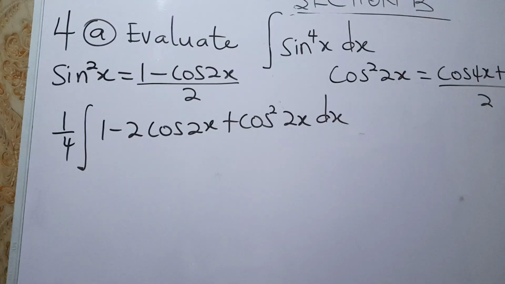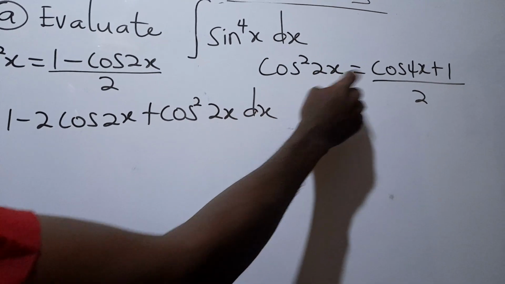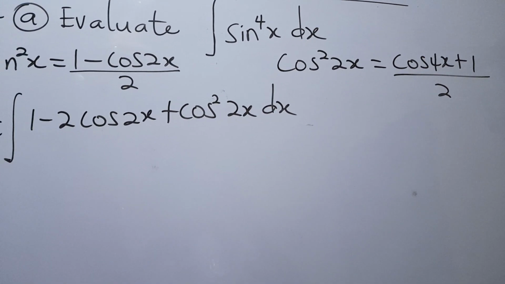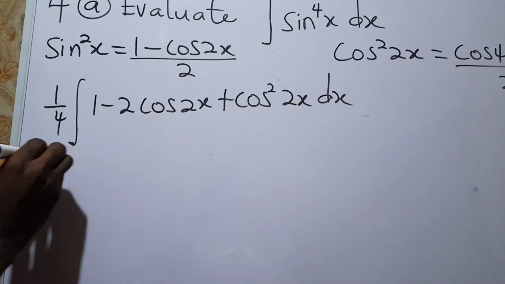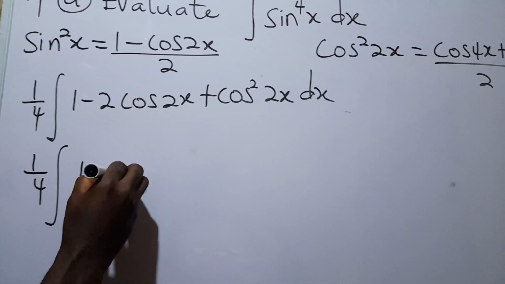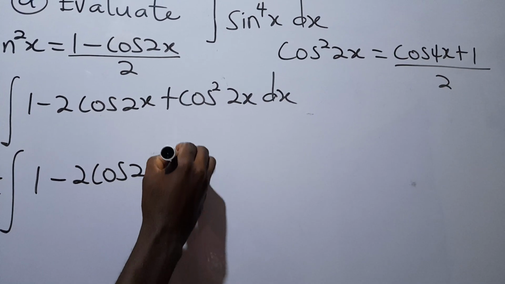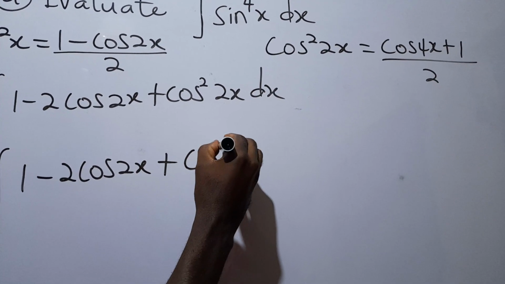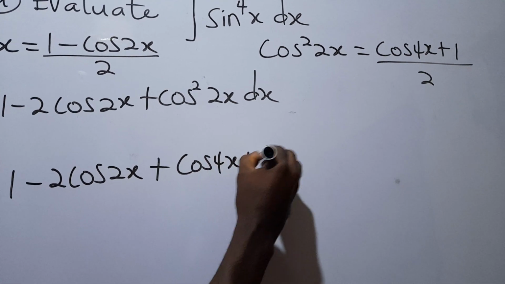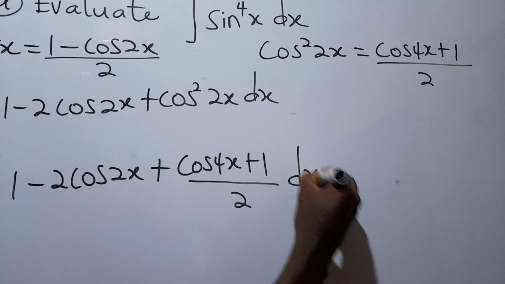So remember, our cos square 2x is cos 4x plus 1 all over 2. So we can substitute that one too. We get 1 over 4, the integral of 1 minus 2 cos 2x plus cos 4x plus 1 all over 2 dx.